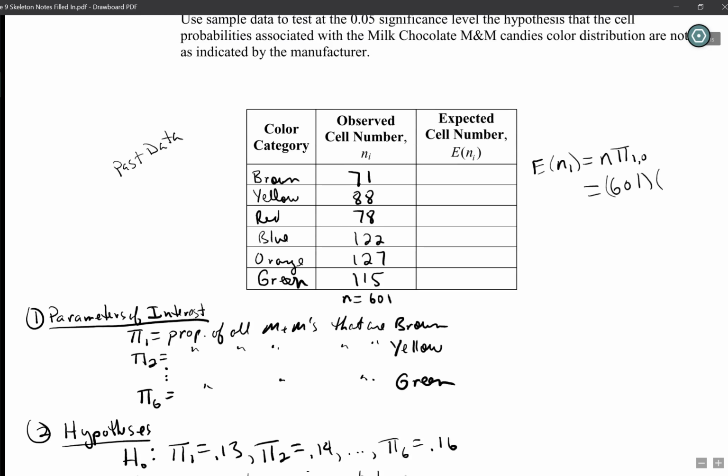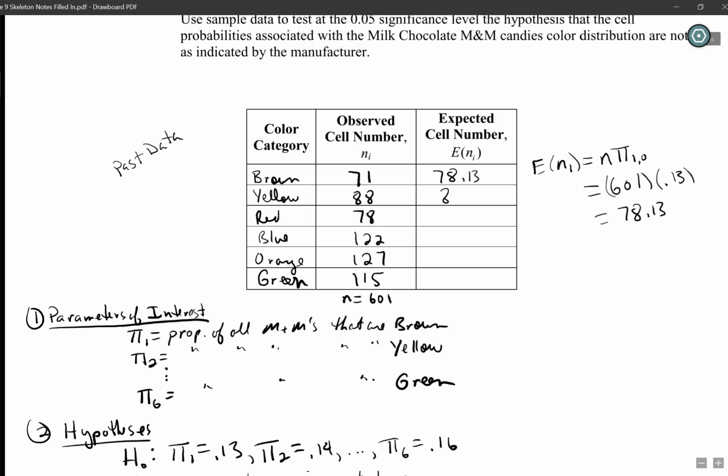So 601 times 0.13, under the null hypothesis, we would expect to see 78.13 brown M&Ms. Clearly you can't have a fraction of an M&M, well, I guess you could have a broken M&M to get 0.13, but this expected count is an average over the population, assuming the null hypothesis is true. So we would have 78.13 here.